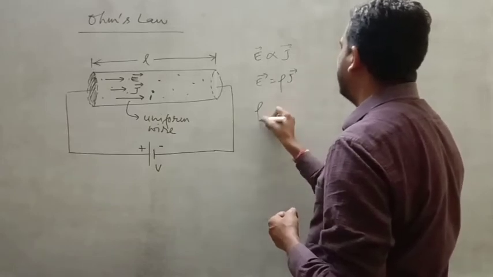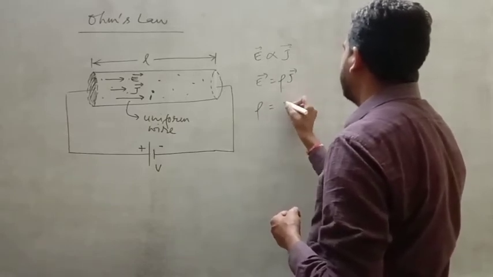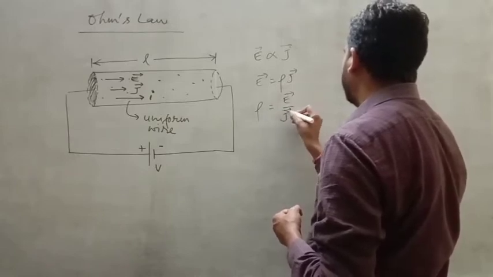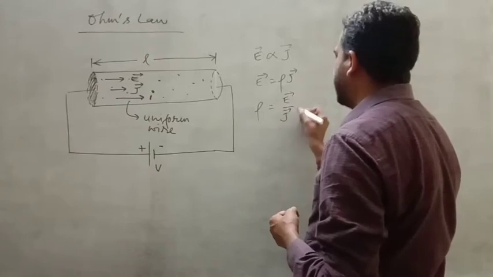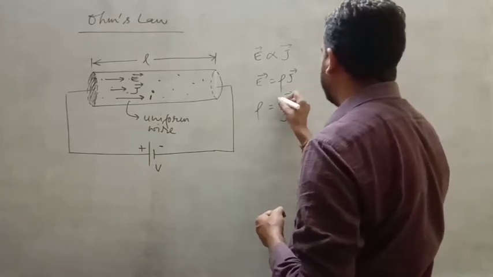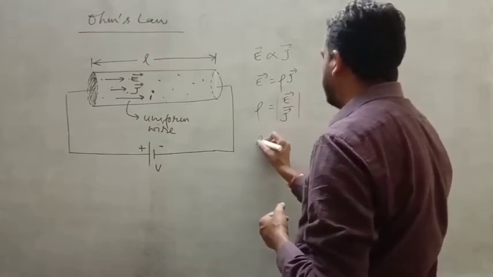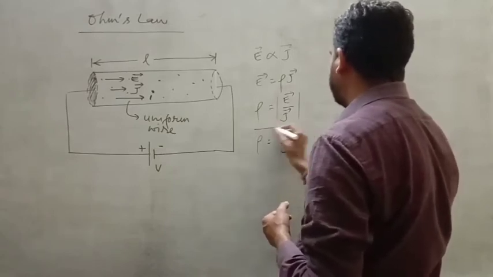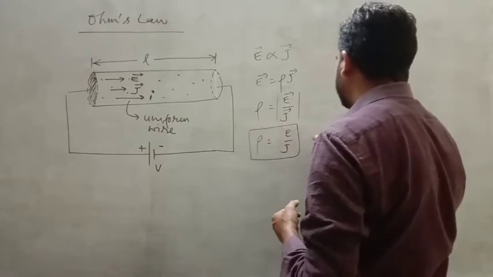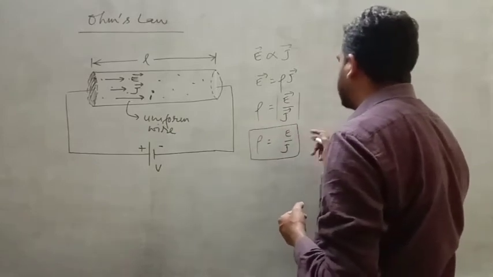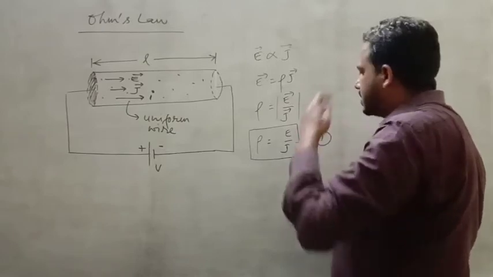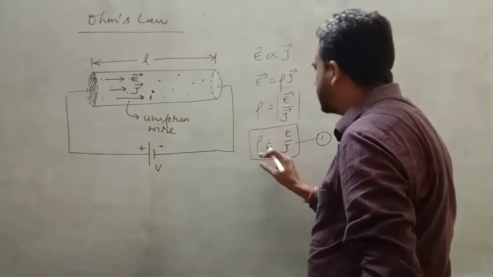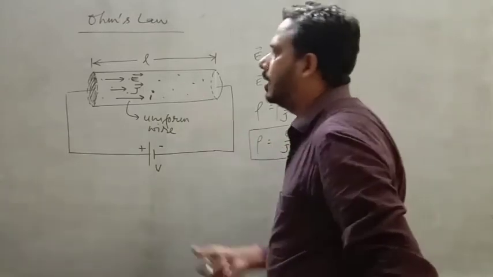So your rho is E by J. Okay, and you just take its magnitude, so accordingly you put it in mod. So your rho is just E by J. Okay, and this one is the result, that this one is the resistivity of the conductor.